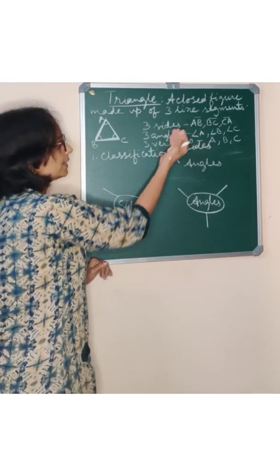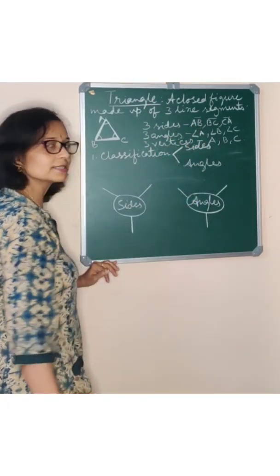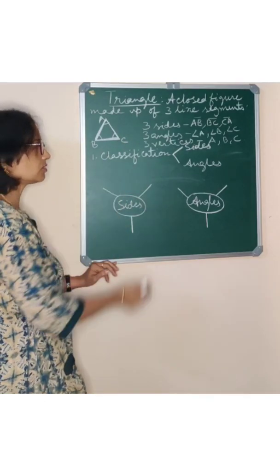So it has three sides, three angles and three vertices. So we have understood what a triangle is.